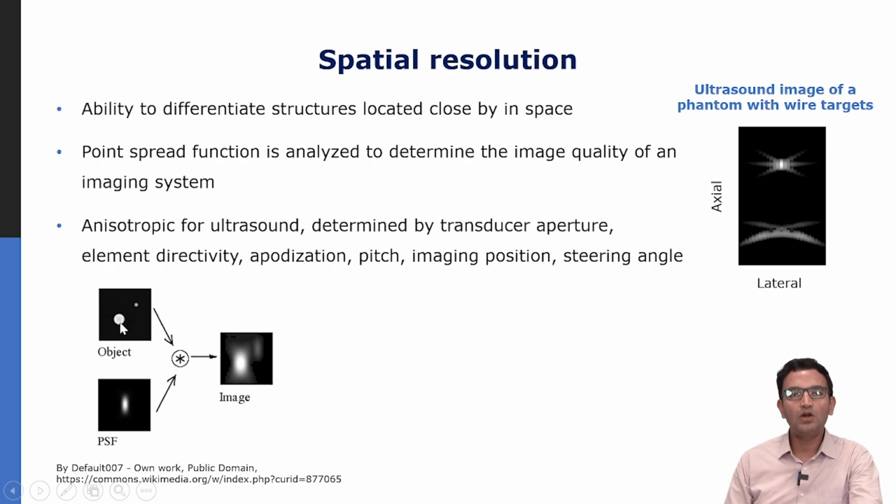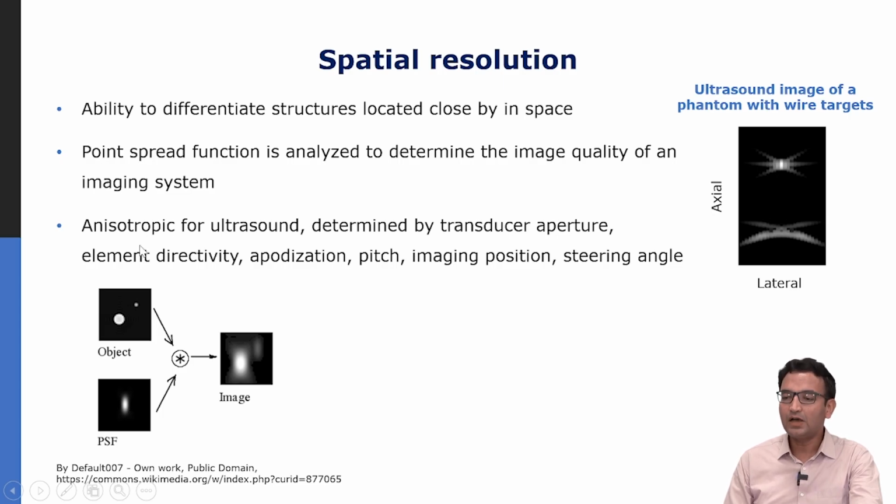And then if you want to model how the image will look like, we take the object and, assuming linear shift invariant systems and a convolution framework, we can convolve the object profile with the point spread function which is shown here to get the image. And you see some blurring is introduced into the image. There are still two objects visible in the image, but the blur is introduced because of the point spread function of the imaging system.